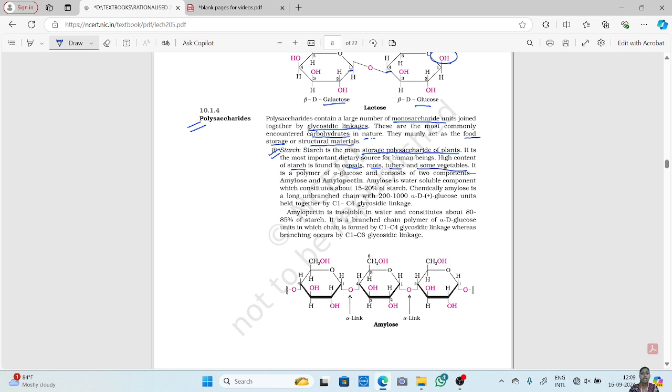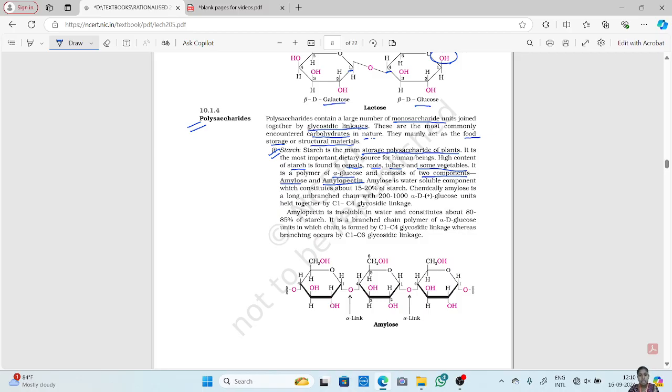Now, it is a polymer of alpha glucose and consists of two components: amylose and amylopectin.